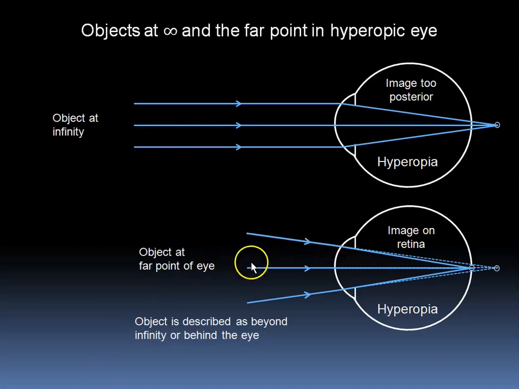If we have rays that are converging sufficiently onto the eye such that the eye will then add its convergence, the image will now be focused further in front on the retina as compared to the upper diagram. The converging power here is the same as here, but because one starts with converging rays, the image vergence is increased as compared to here, resulting in an image further in front.